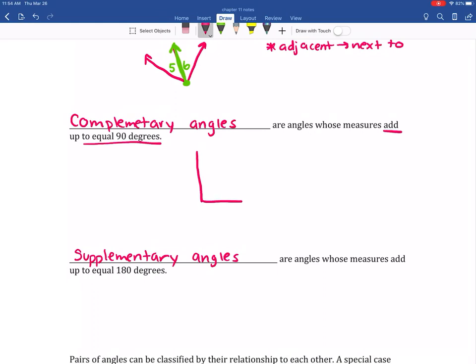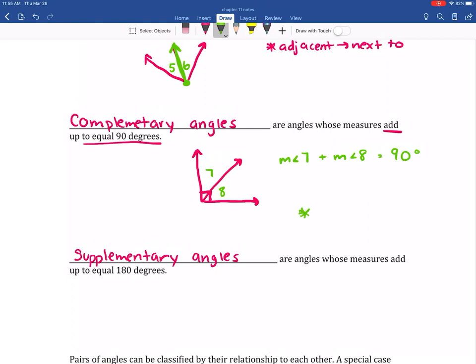So if I drew out this picture, and I said I have two angles, 7 and 8. You might see a box that tells me that I have a right angle. So I know that angle 7 and 8 are complementary because the measure of angle 7 plus the measure of angle 8 equals 90 degrees.